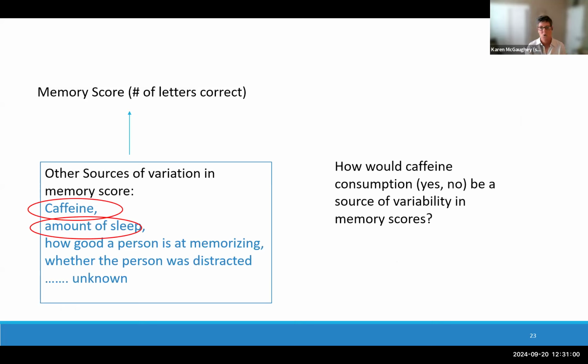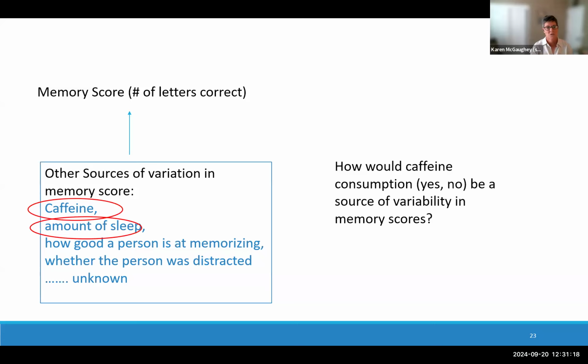So how would caffeine consumption, which was just yes or no, be a source of variability in memory scores, right? So how does consuming caffeine or not change memory scores?